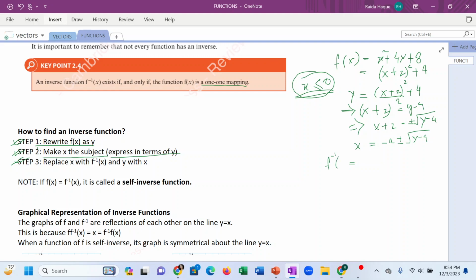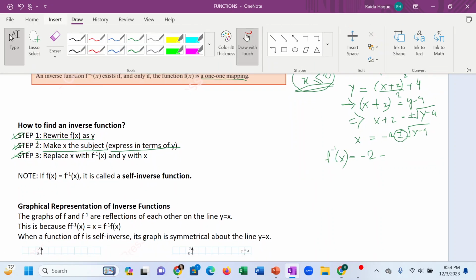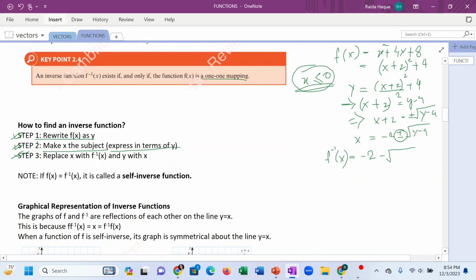While you're converting to f inverse x, that is when you do not keep the plus minus anymore. So now we only take the negative value and we write minus 2 minus root of x minus 4, and that is our inverse function.